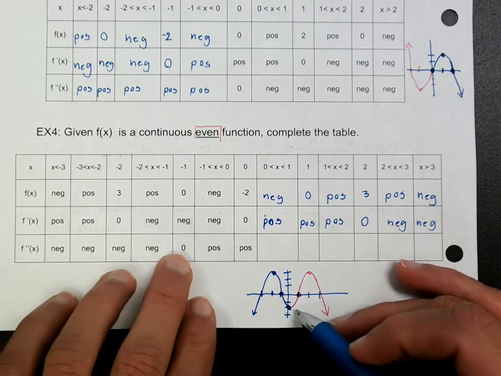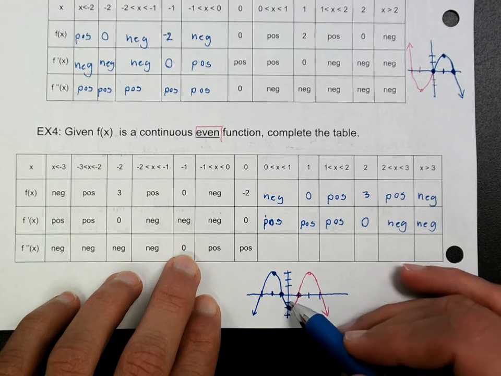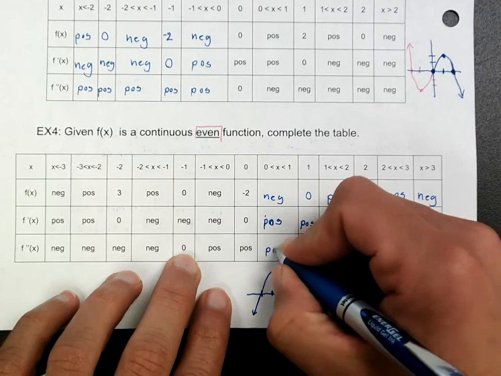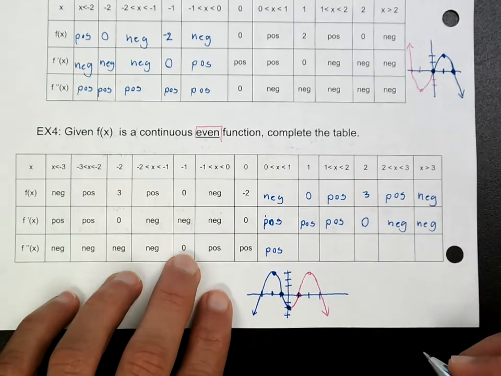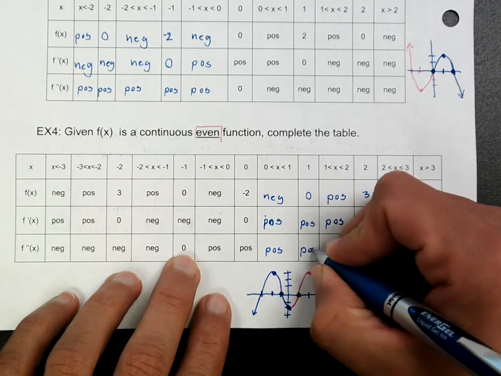Notice that you have a point of inflection here, but the concavity is going to be the same, all right? So notice that between 0 and 1, there's going to be concave up, which makes the second derivative positive. All right, at 1, I'm still concave up, so this is positive.